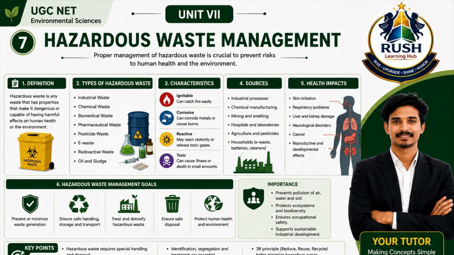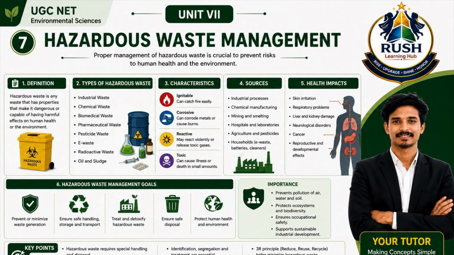The second type is biomedical hazardous waste. Hospitals and healthcare facilities generate infectious wastes such as used syringes, contaminated dressings, pathological waste, laboratory cultures, and expired medicines. Improper disposal of biomedical waste can spread infectious diseases.